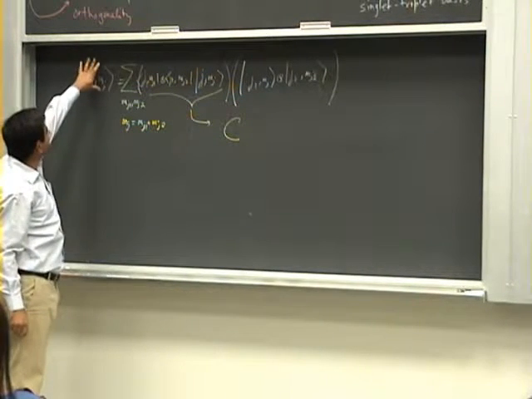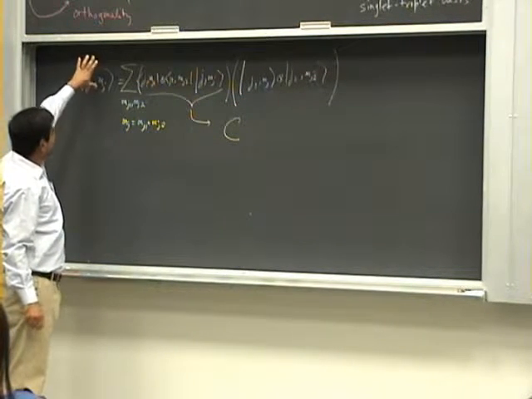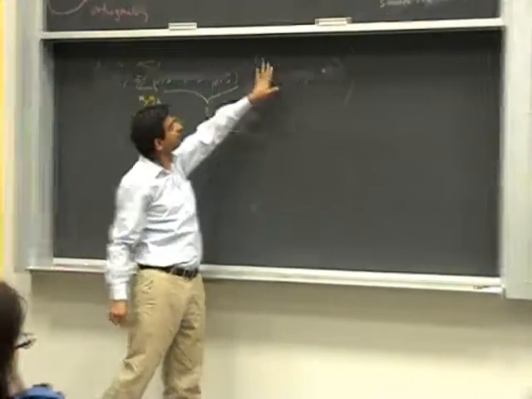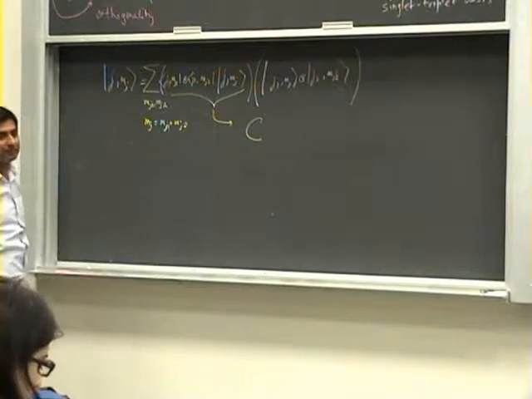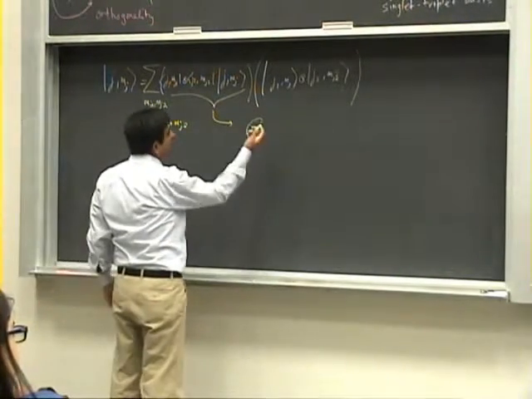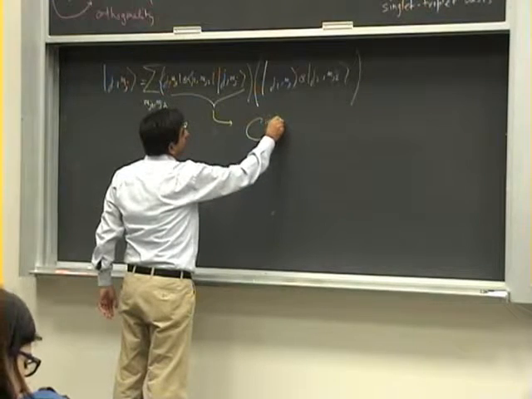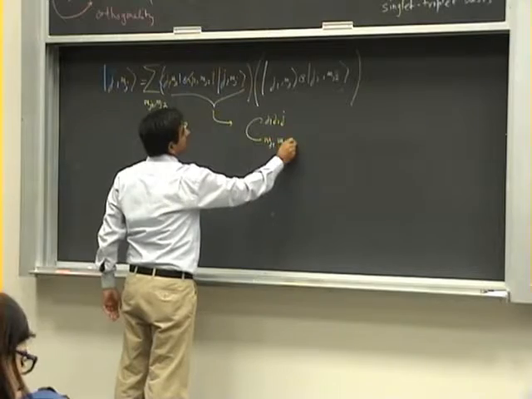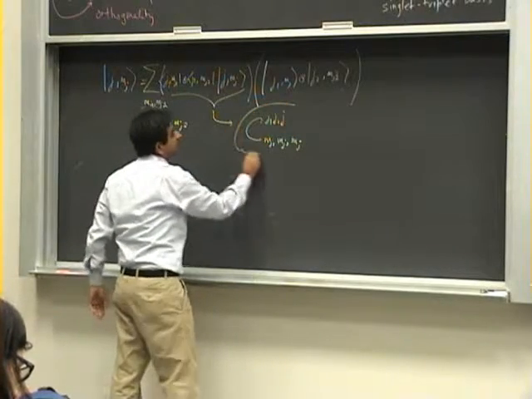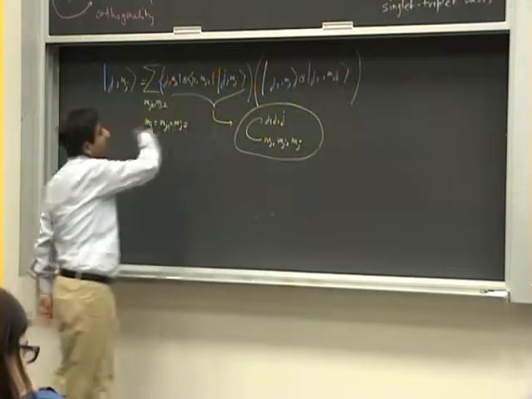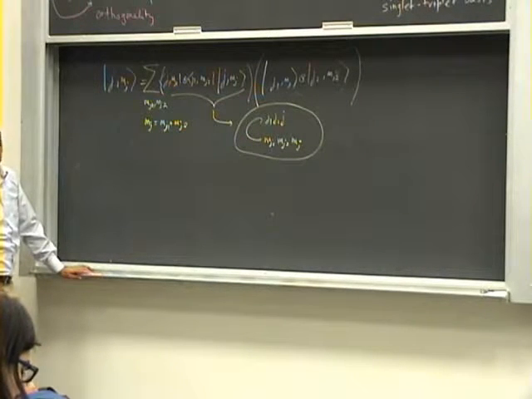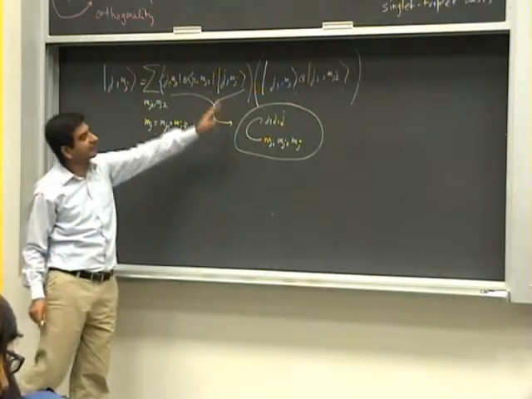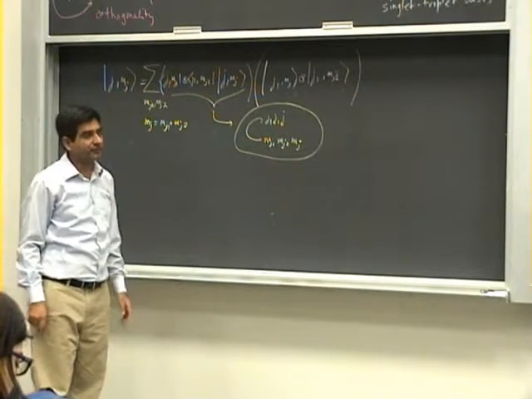So what I've done is I've expressed the coupled basis state as a sum of direct product states, and the coefficients are called the Clebsch-Gordan coefficients. These coefficients are denoted by J1, mJ1, J2, mJ2 given J, mJ. So this is an analytical expression for the Clebsch-Gordan coefficients.